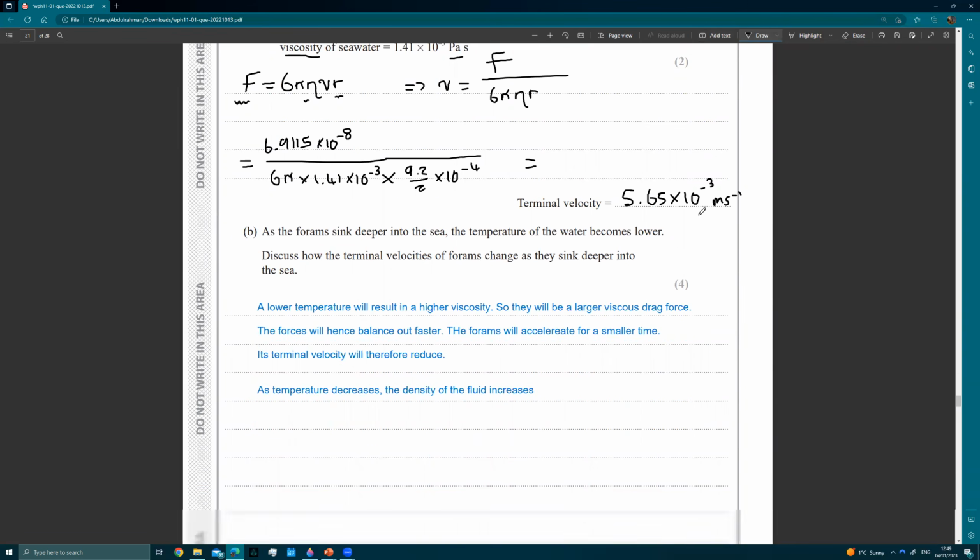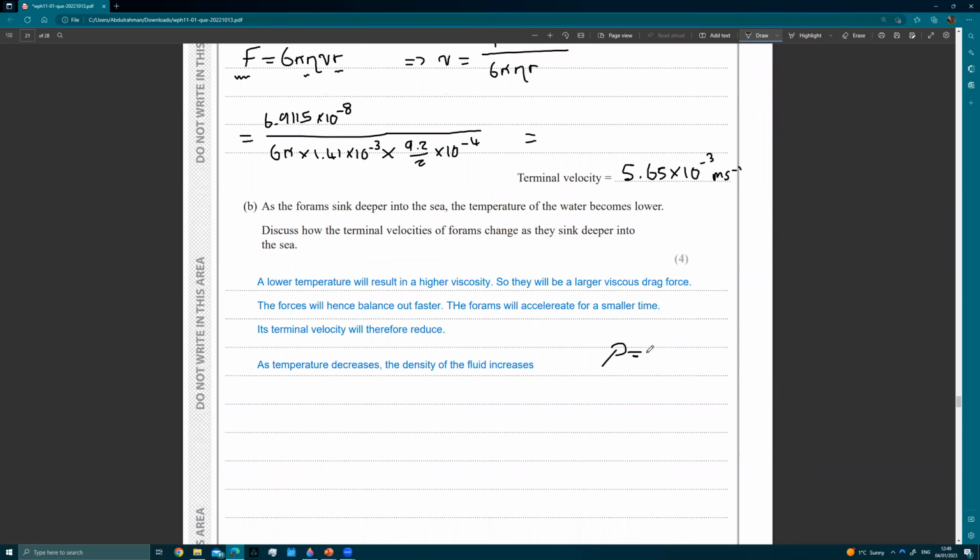Because we know that the density is mass over volume. Well, the mass of the water can't change, but the volume does, because when the temperature of something lowers, the volume decreases. Likewise, if the temperature increases, the volume increases. This is called thermal expansion. But if the volume is less, you're dividing by a smaller number, so the density has increased.